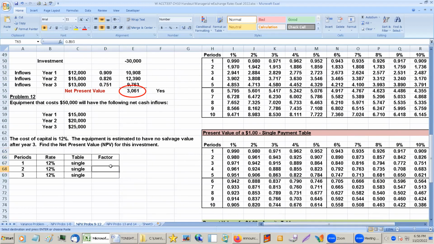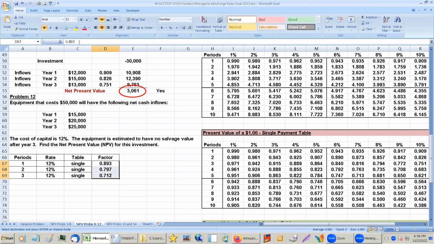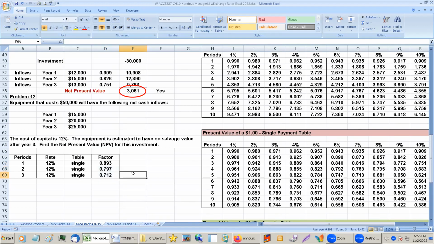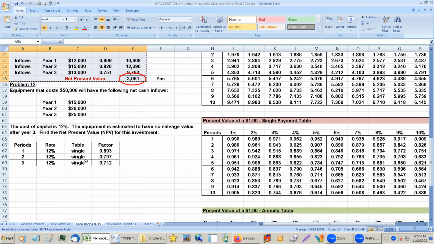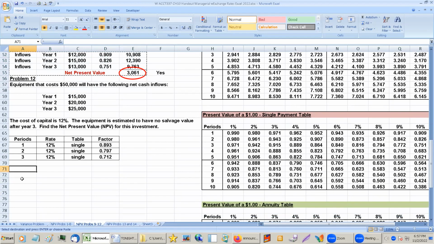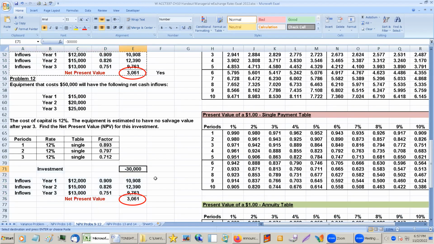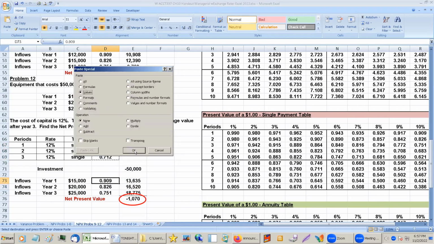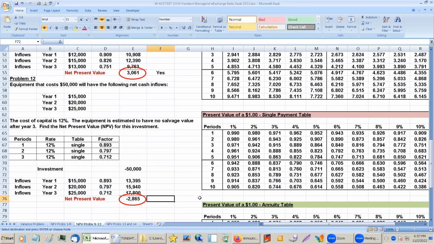It's not an annuity. This would be no. It's negative. You'd be losing 28, 65.